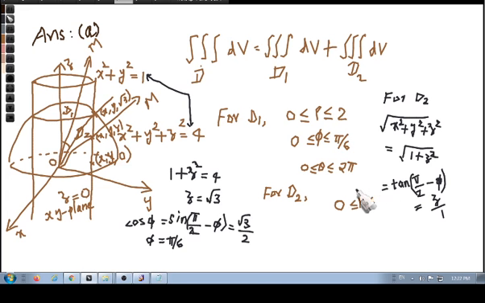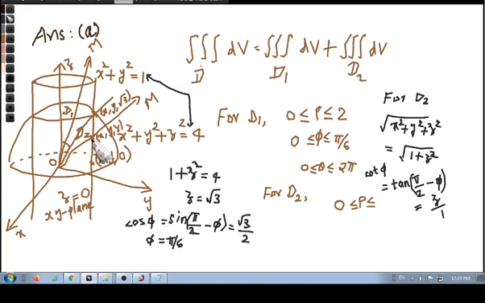But this is cot phi. What I want to find is this distance. So z is equal to cot phi. This distance is cot phi. So what about this distance?